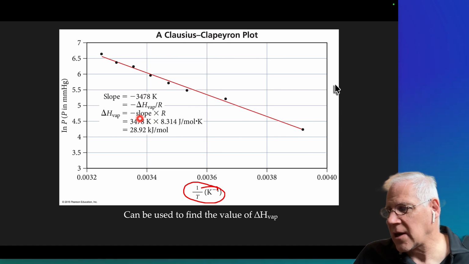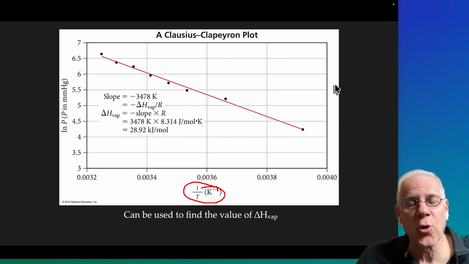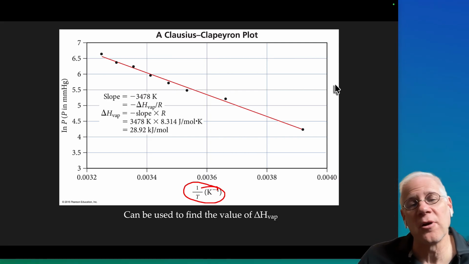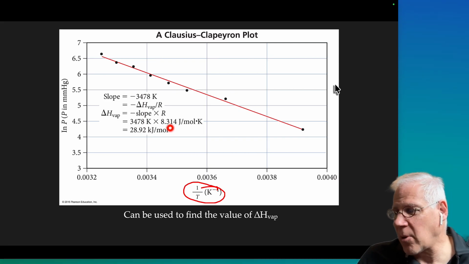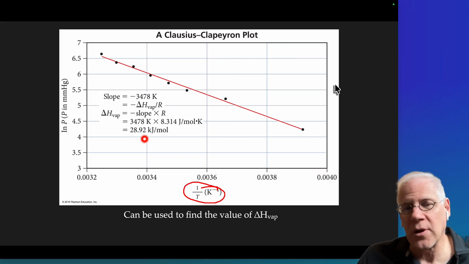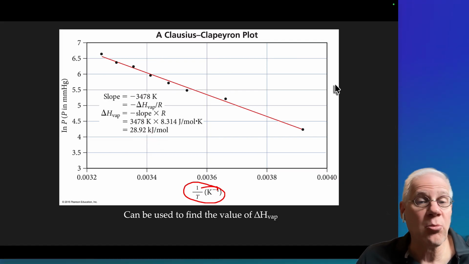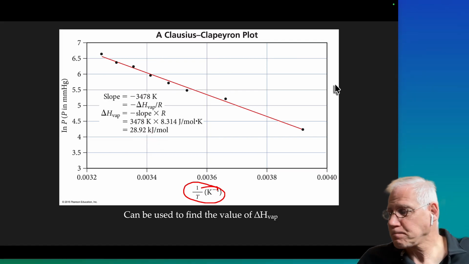So if we take our negative slope, and if we look back at the equation, we saw that our slope was actually heat of vaporization divided by R. So if we wanted to find the heat of vaporization, we need to find the slope and then multiply by R, 8.314 joules per Kelvin mole. And we get 28.92 kilojoules per mole for the heat of vaporization.